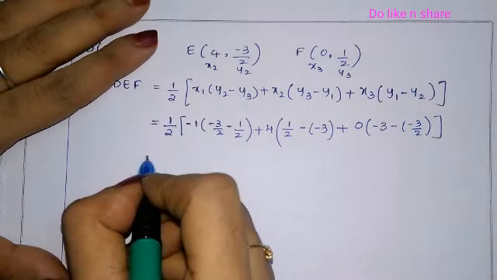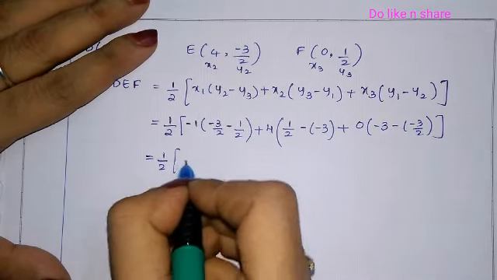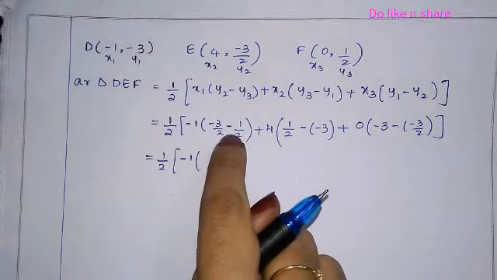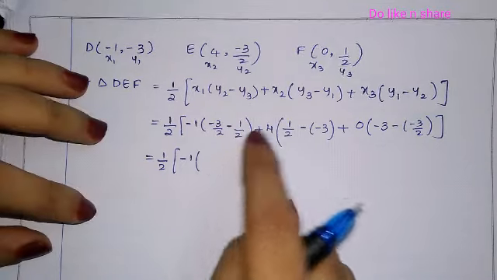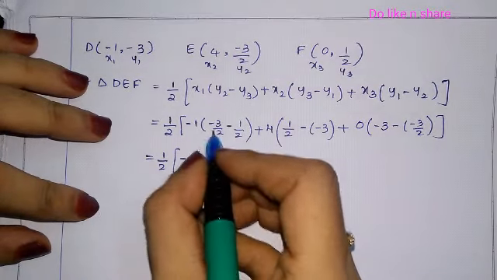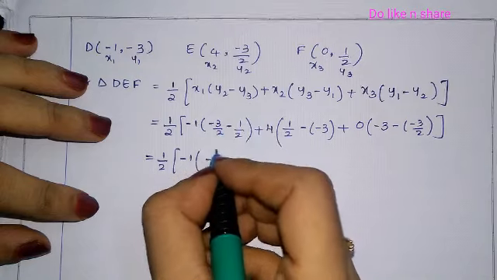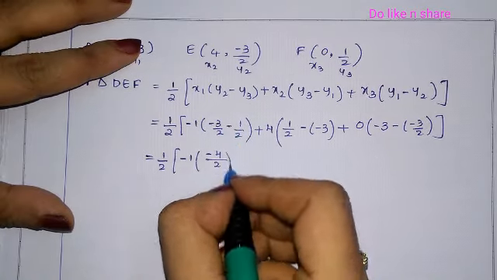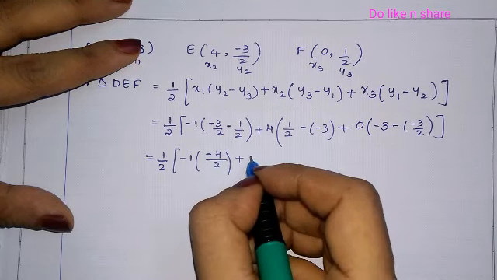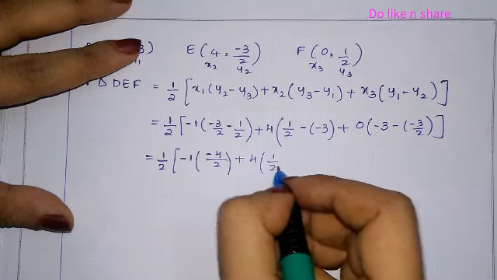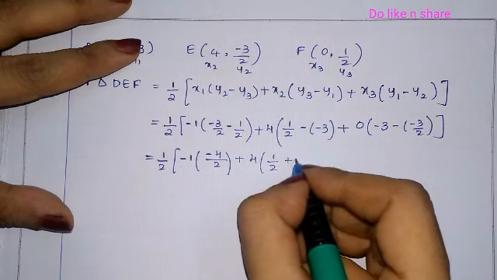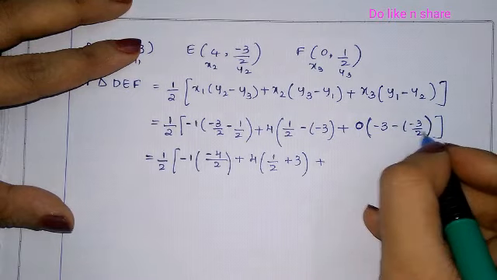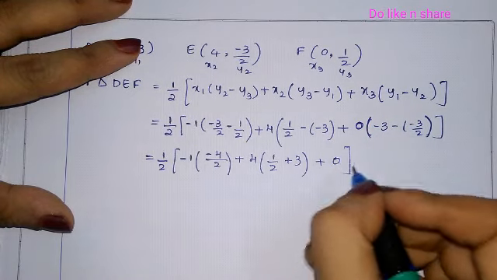Okay, so let us solve now. 1 by 2 as it is, minus 1, denominator same, so 2 minus minus we have to do plus, minus 4, minus 3 minus 1 is minus 4, plus 4 into 1 by 2 as it is, minus minus plus 3, and we know that 0 multiplied by anything is 0.